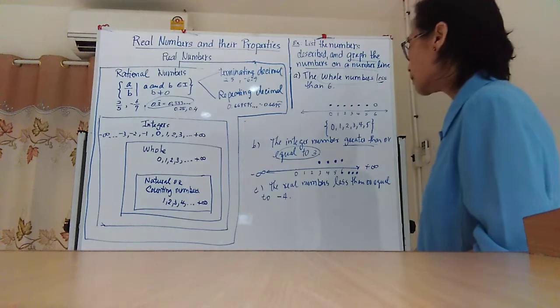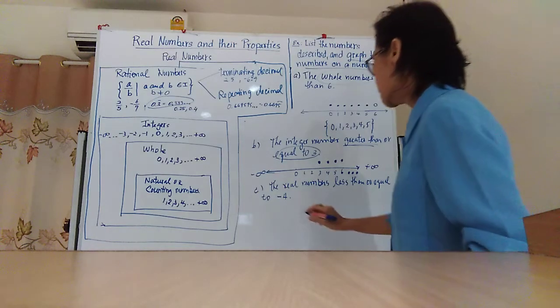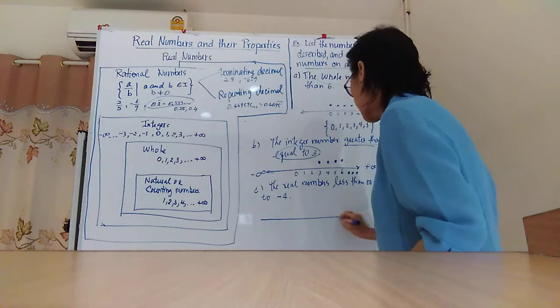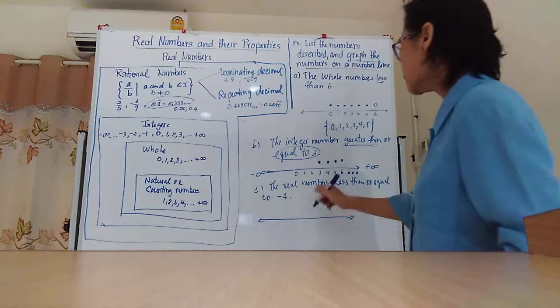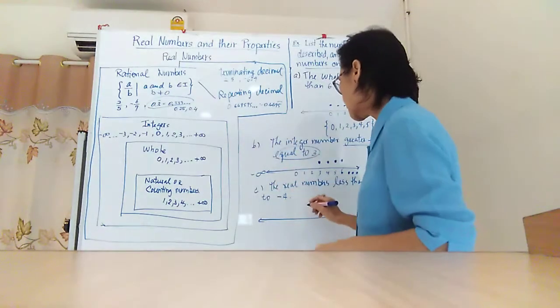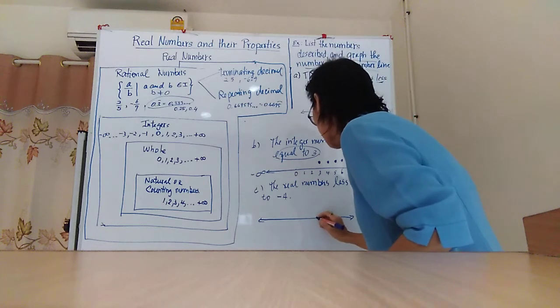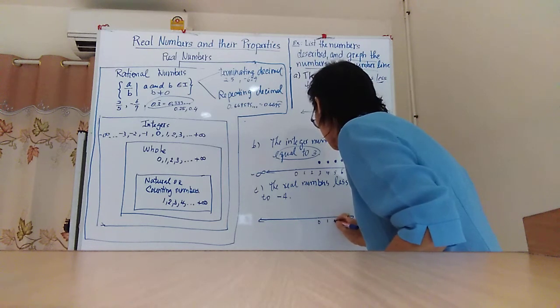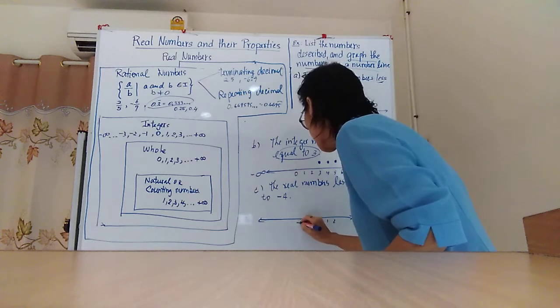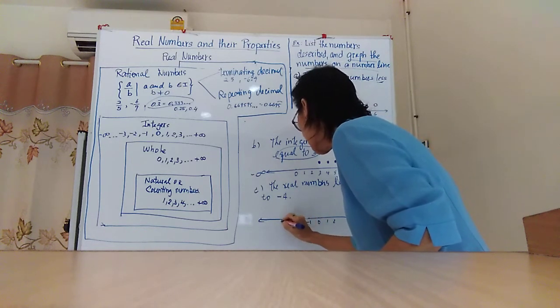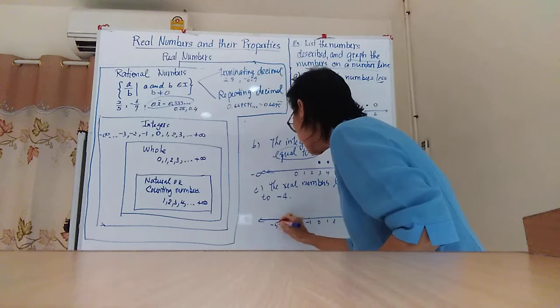Okay, -4 real numbers. So from this one you draw a number line. Okay, the real number, again, come back to the real number. We have less than or equal to -4. So this one is 0, 1, 2, 3, and this side will be -1, -2, -3, -4, -5.